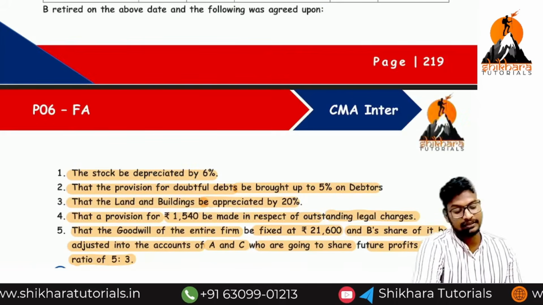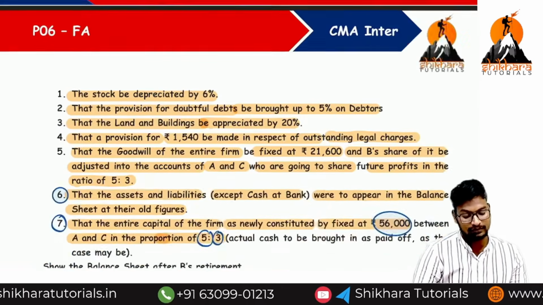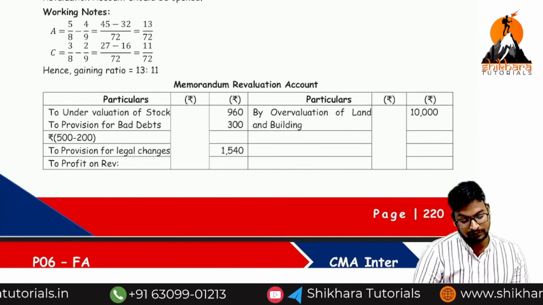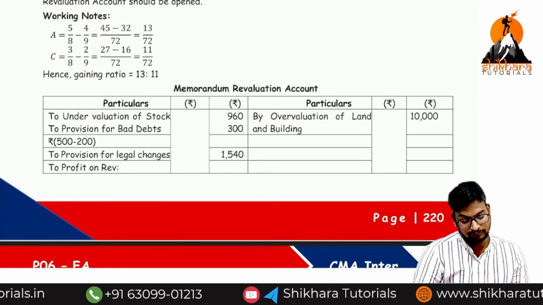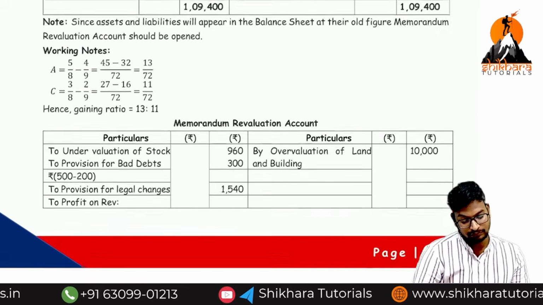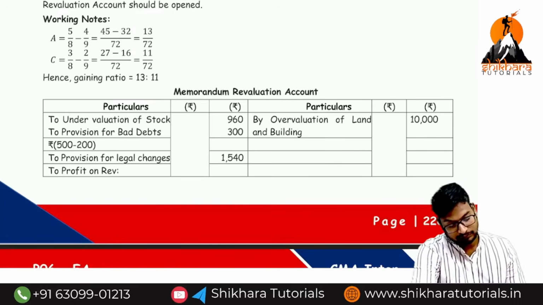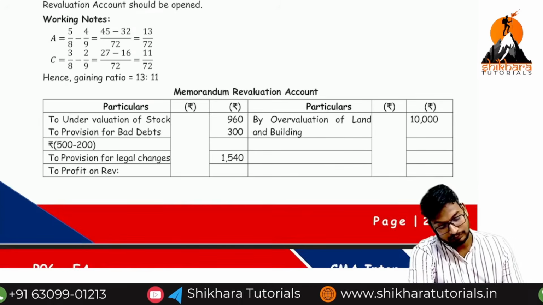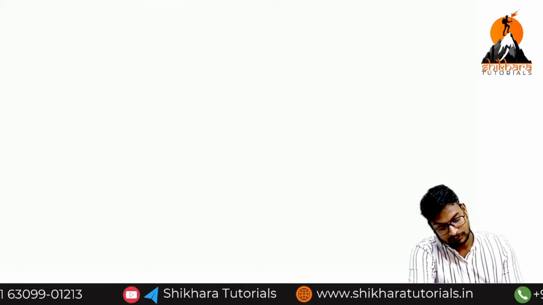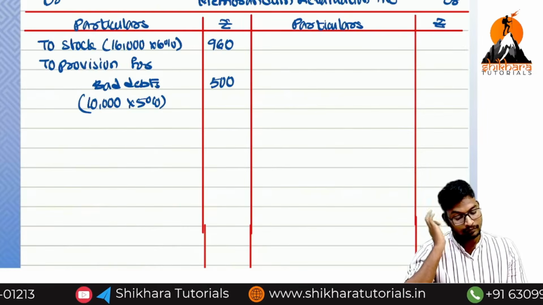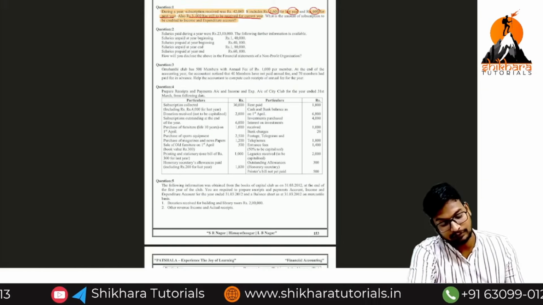Land and building appreciated by 20%. How much, Amma? We have got the 500. Okay, we can do, no problem.